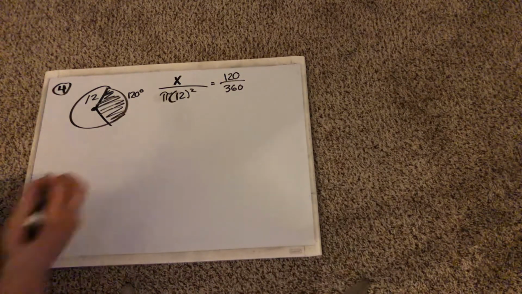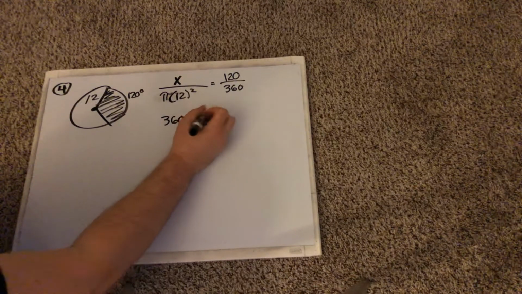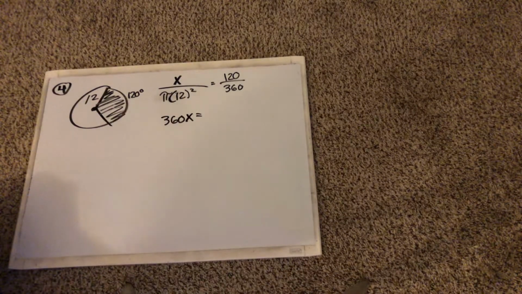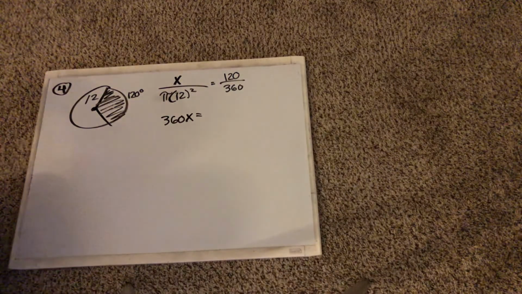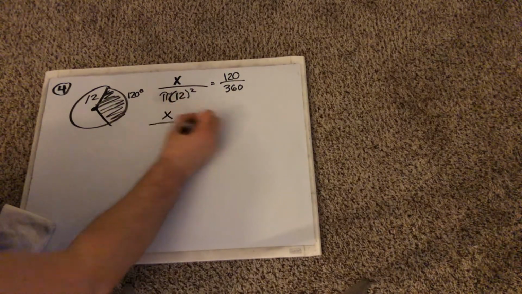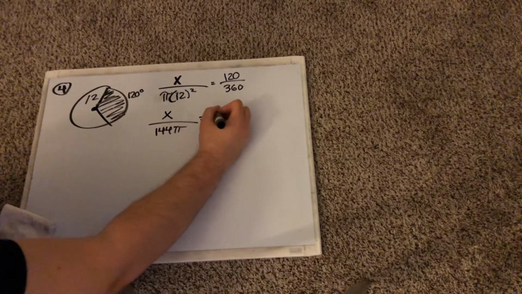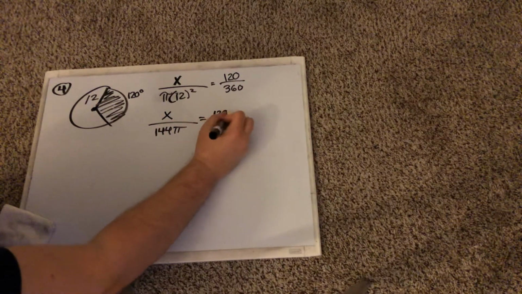And just like last time, I can cross multiply. So I get 360x equals 12 squared is 144. You know what? Let me actually just write this out. We get x over 144 pi is 120 over 360.